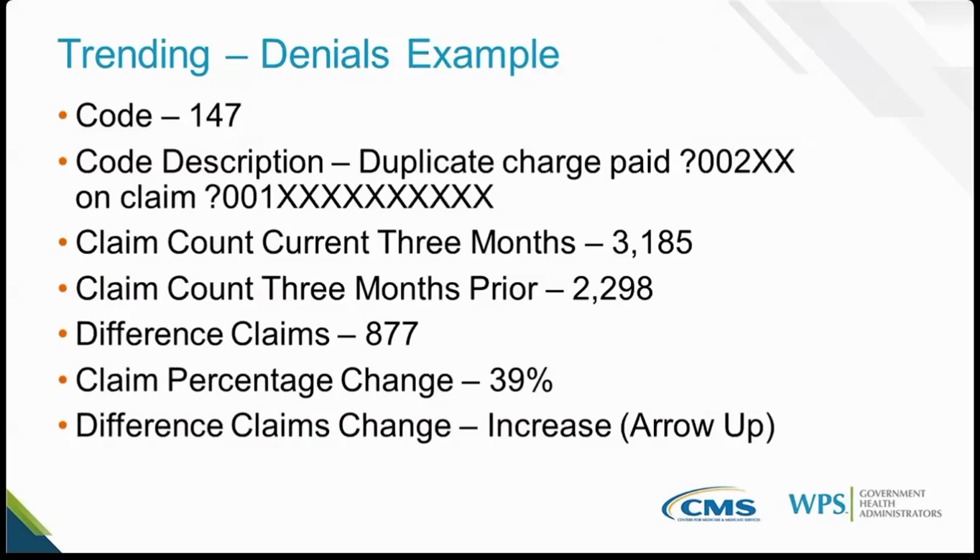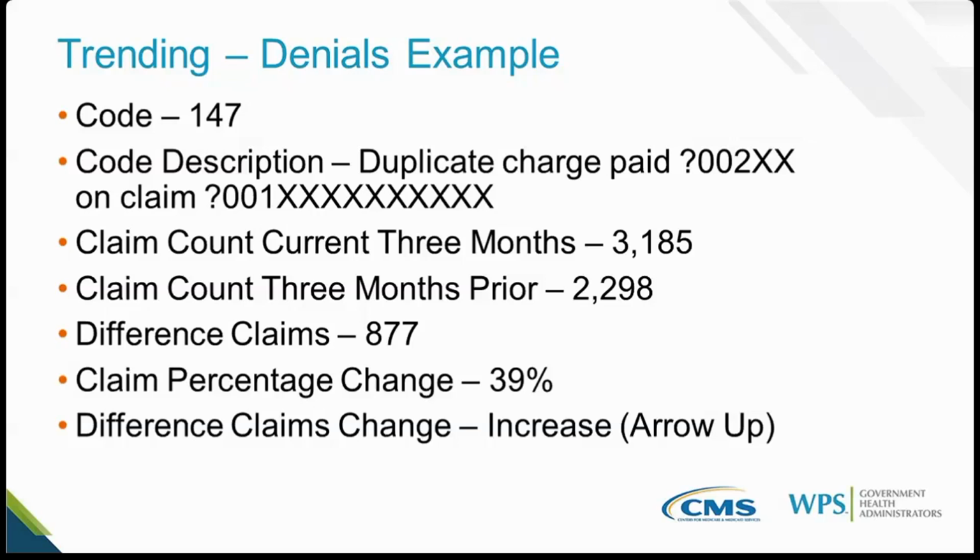So here is trending for a specific situation, a denial example. The reason code is a 147. Here's the code description. I mentioned this to you earlier. Duplicate charge paid on this day on this claim. So this trending that we can look at on this dashboard shows me for that code description, that code, the current 3 months is 3,185 denials.